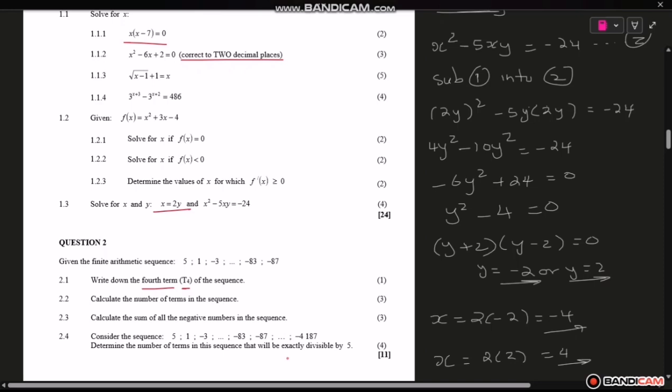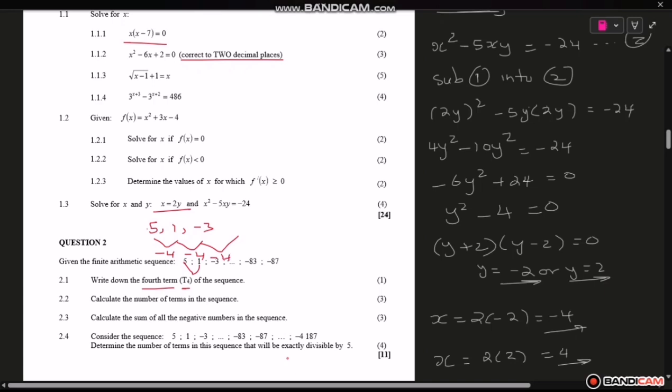We have 5 as term number 1, 1 as term number 2, negative 3 as term number 3. Let's check the difference here. It's negative 4, and negative 3 minus 1 is also negative 4.